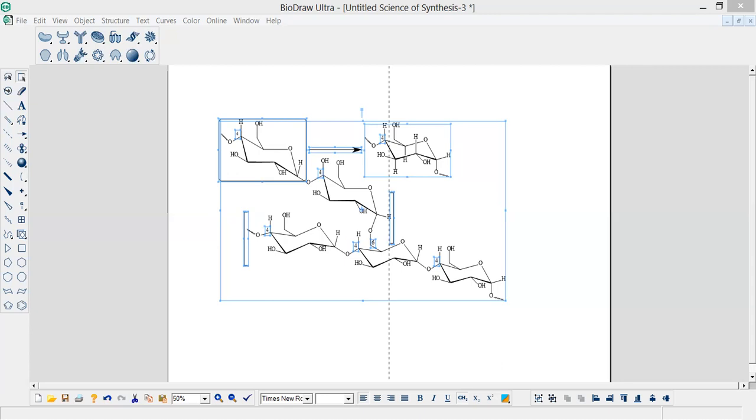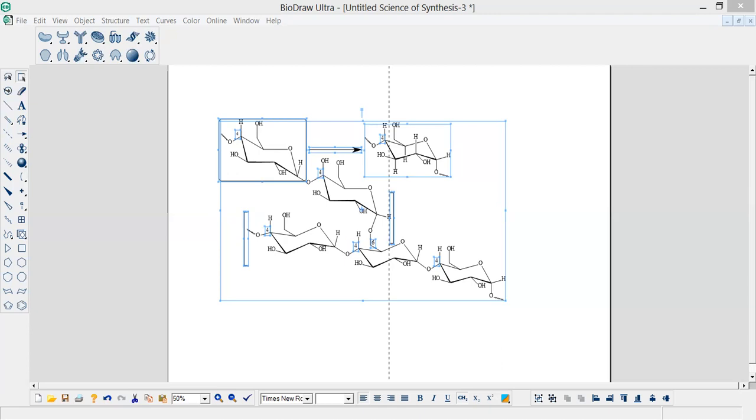One layer and another layer are cross-linked by a pentapeptide. These two chains made by N-acetyl glucosamine and N-acetyl muramic acid are cross-linked by a pentapeptide. This is a representation of the cell wall of bacteria.